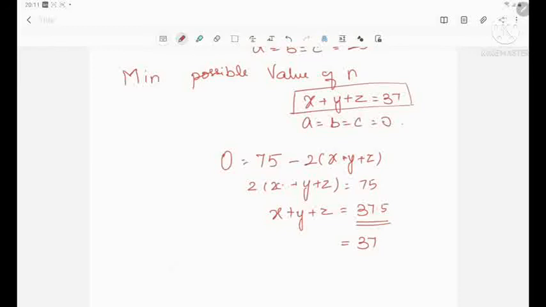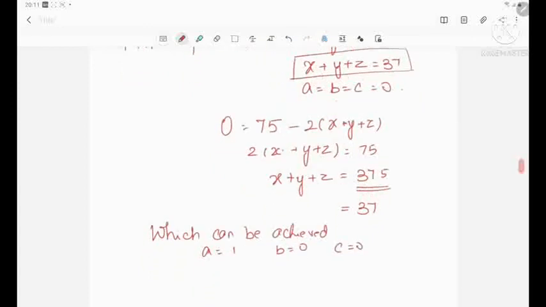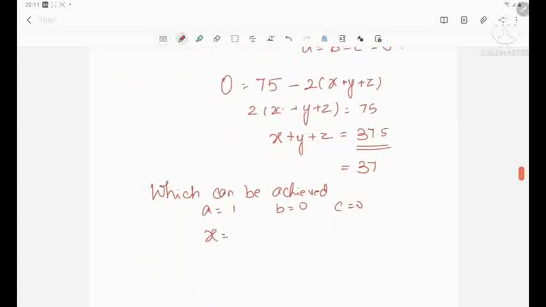So x plus y plus z is equal to 37 can be achieved only when A is equal to 1, B is equal to 0 and C is equal to 0, and x is equal to 12, y is equal to 13 and z is equal to 12. Because when we add it up, we get 37.